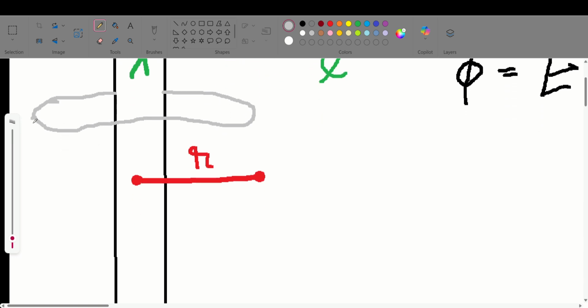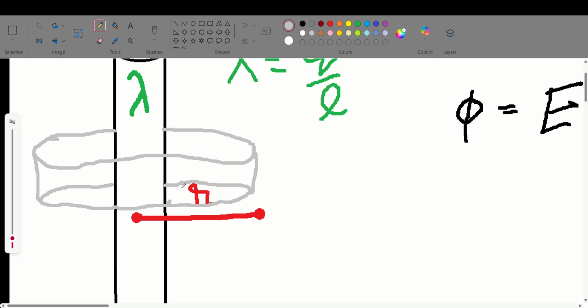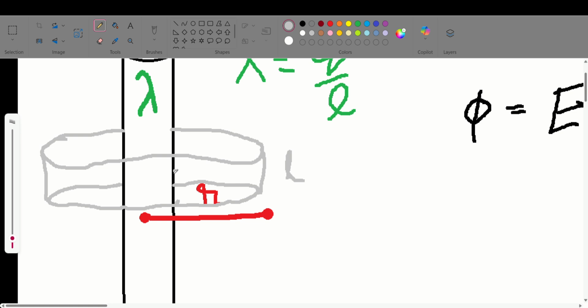Let's have it go downwards. So now let's say that the length, or rather the height, of this cylinder is L, and the radius is, of course, just R. Let me mark that up here as well.